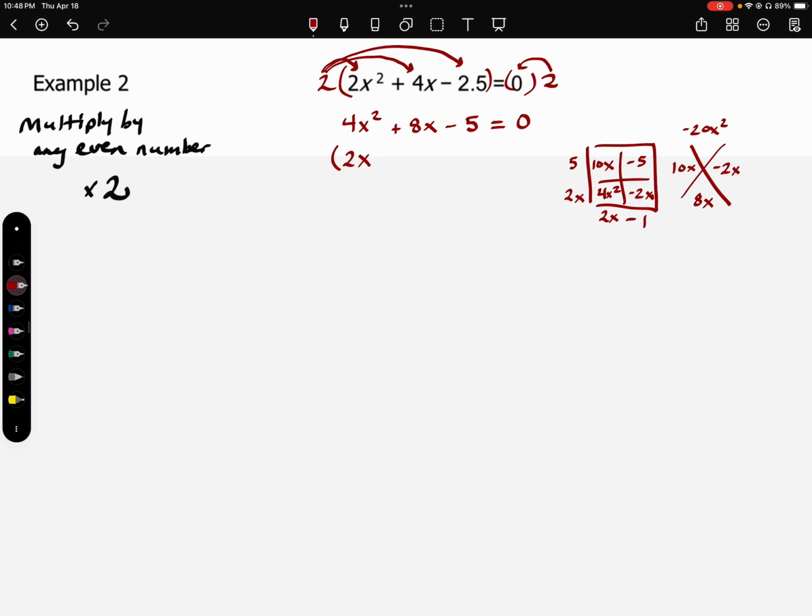When we factor it, we should end up with 2x plus 5 times 2x minus 1 is equal to 0.